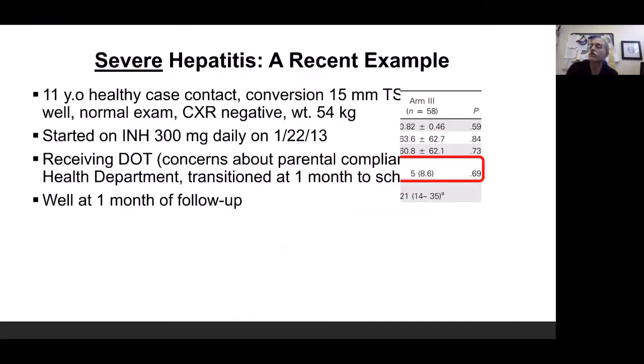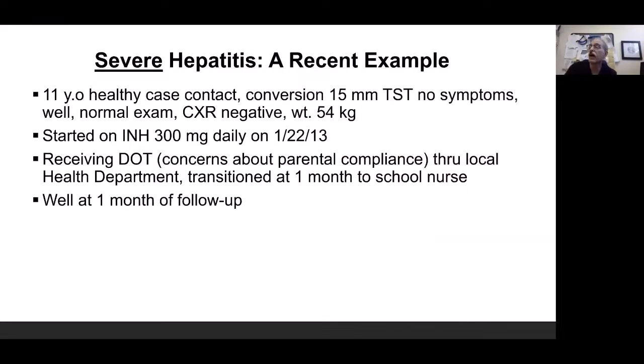So severe hepatitis does occur. So you have to be aware of it, and this is a case that sort of illustrates some of the features.